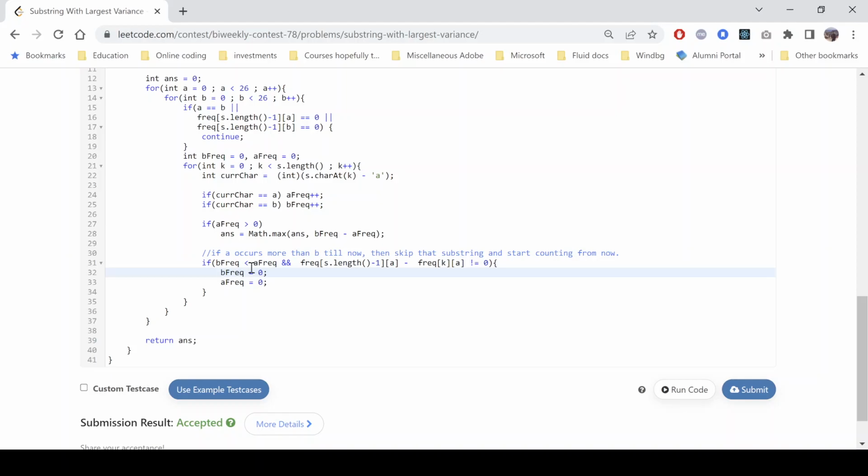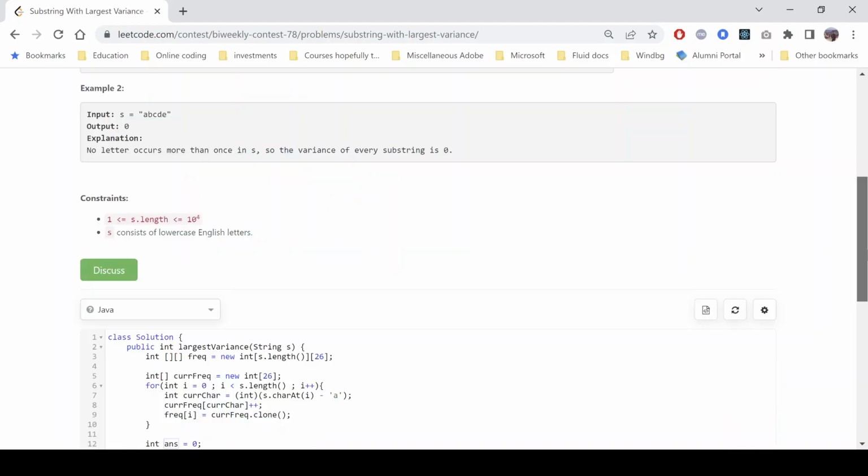Here A is having a greater value compared to B. So all we do is omit the string that we have seen till now and start again from the beginning. We have done this so that we don't need to run any other loop, and we can continue with this loop itself. So after all the iterations, we finally get our answer. And this is a possible solution for this problem.